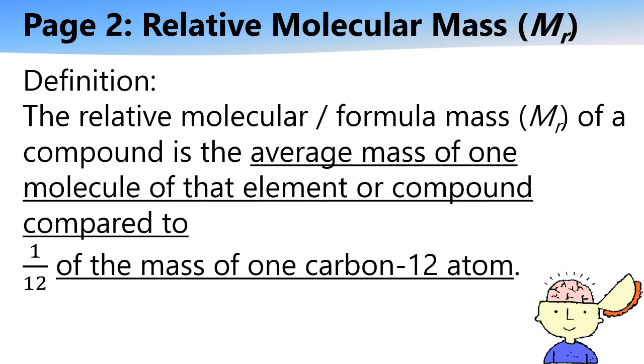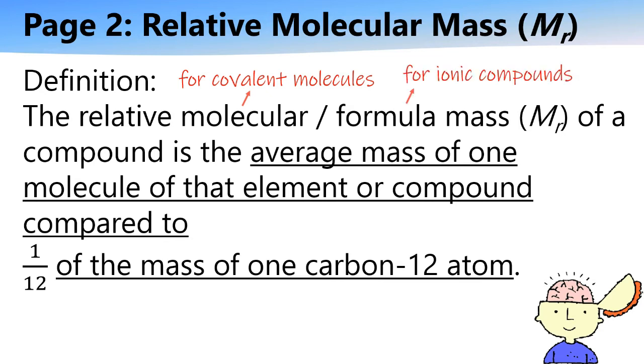Once again, you just need to memorize this. Take note, when we refer to relative molecular mass, we are usually referring to covalent molecules. And if we say relative formula mass, it is for ionic compounds. To make it simple, we usually just say everything to be relative molecular mass or MR.